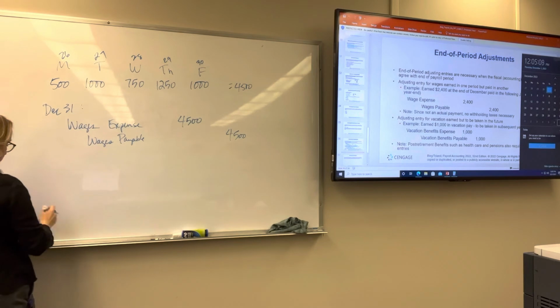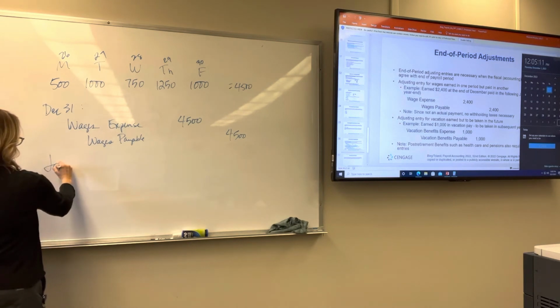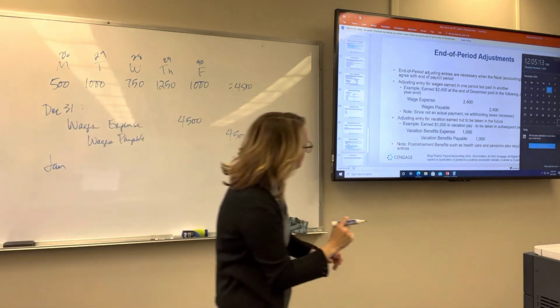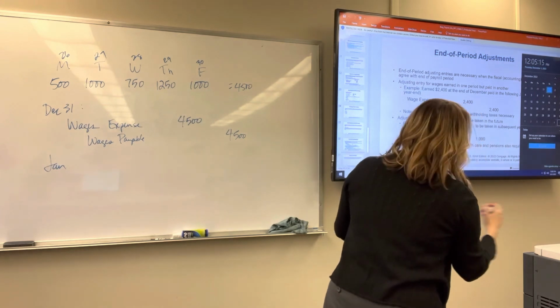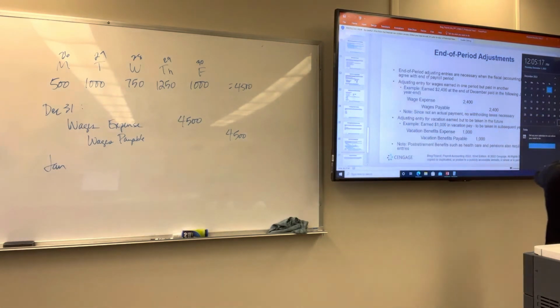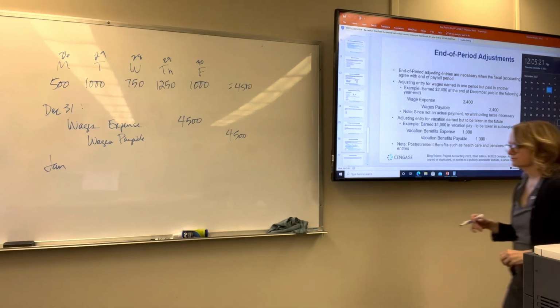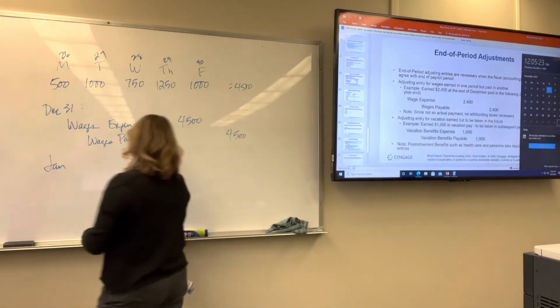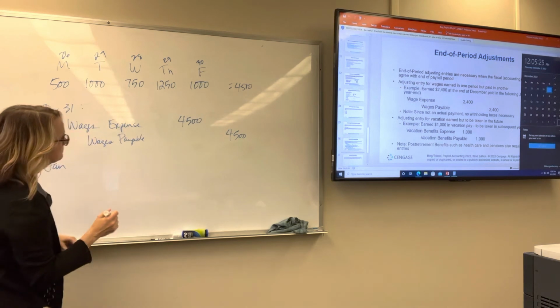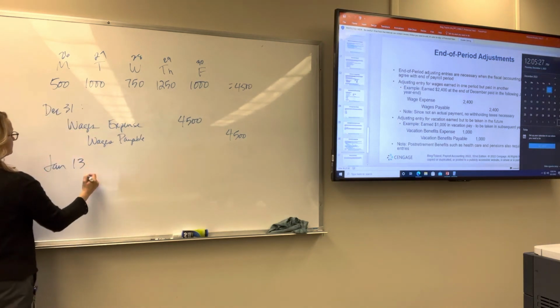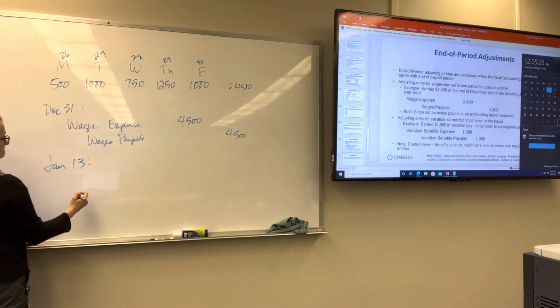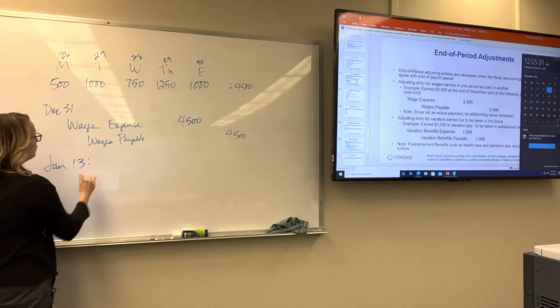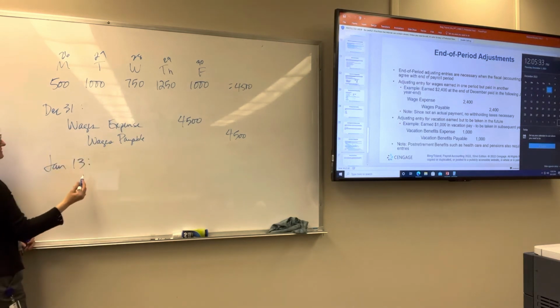When they actually make the payment, let's just say it's a week from there. January 6th, 7th, 13th? Something like that. We'll say it's January 13th. We're going to have wages expense.